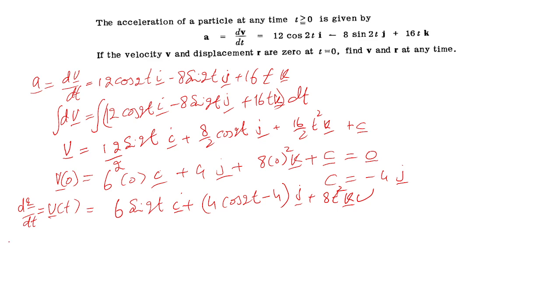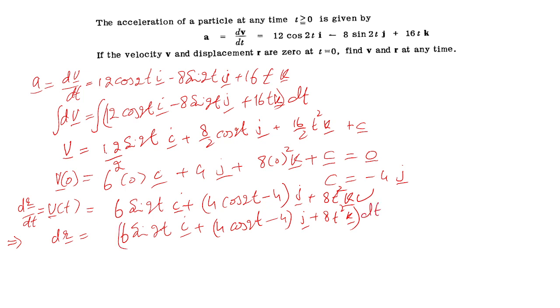So this implies that dr is equal to 6 sin 2t i plus 4 cos 2t minus 4 j and 8 t square k, and this whole dt. So we have to integrate to find the position vector, the displacement vector in fact.